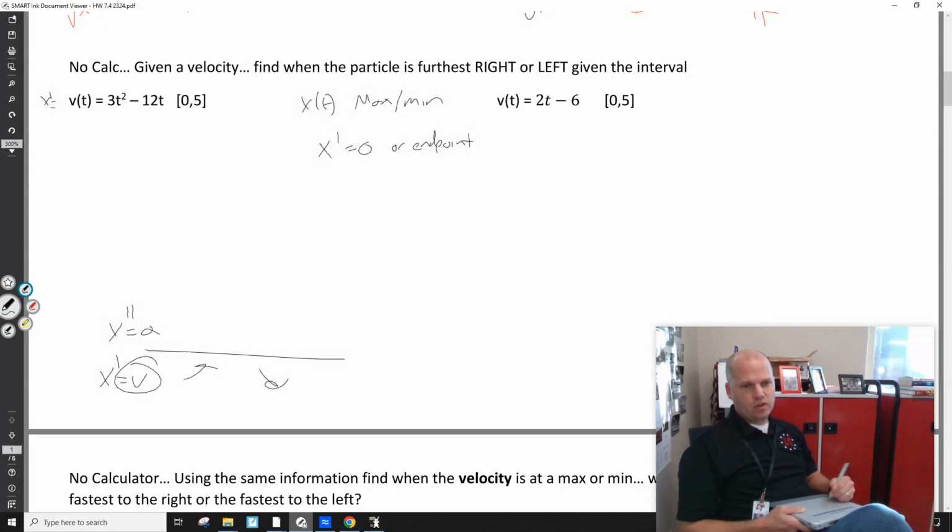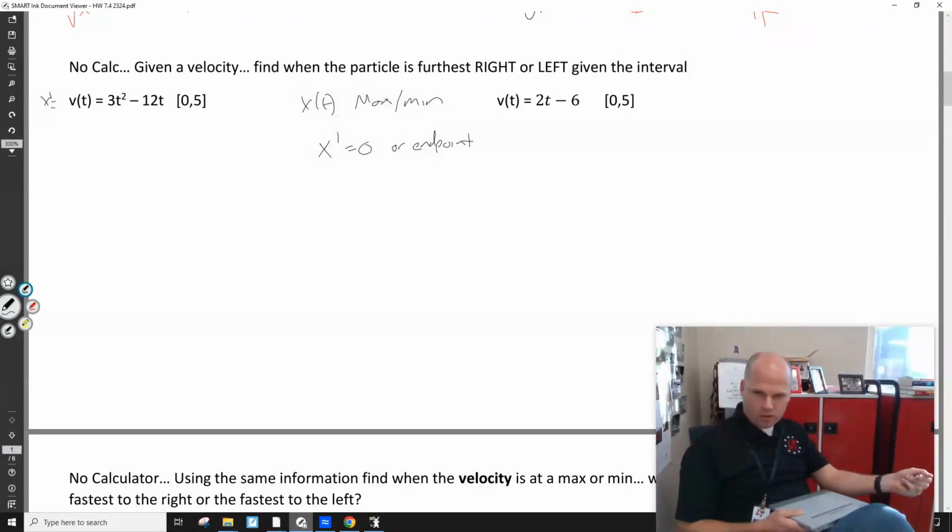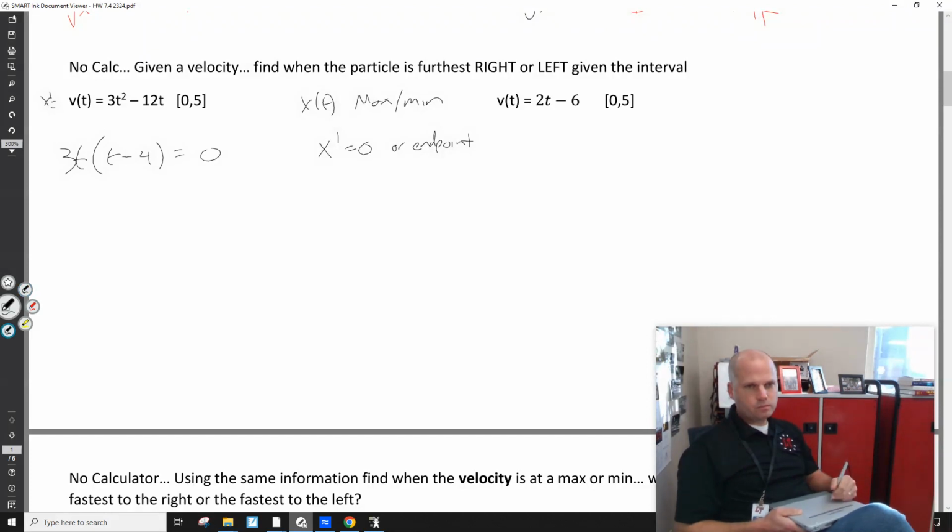This will tell you when velocity is going to be at a max or a min, but it doesn't tell you about position. So, like, this is very important. You don't have to take the derivative because it's already given to you. You just set your derivative equal to 0. You got 0, 4, and 5.